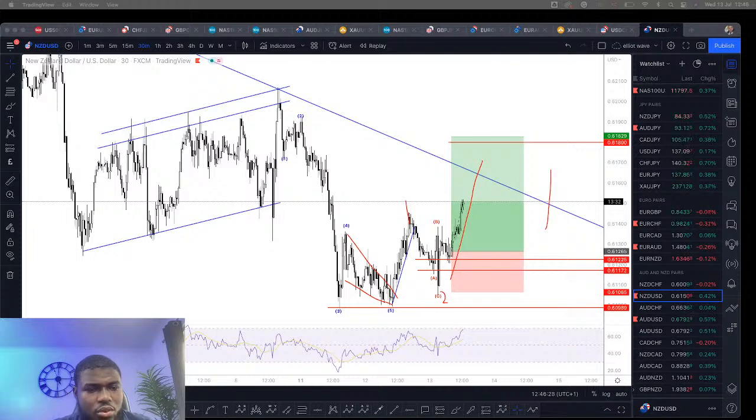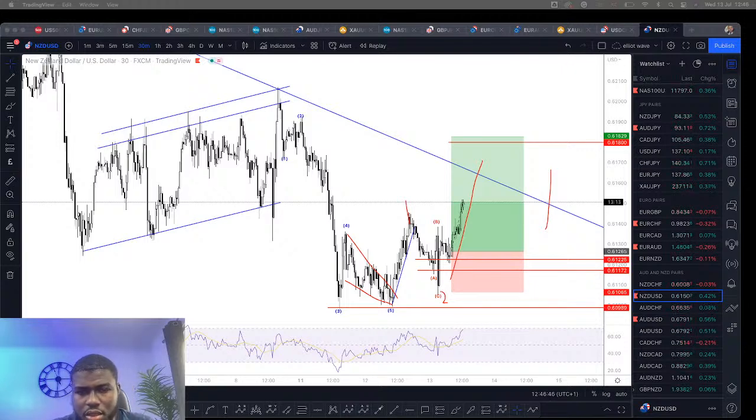New Zealand USD, where are you? Here we are. New Zealand USD is currently fetching more than 25 pips profit. That's nice.